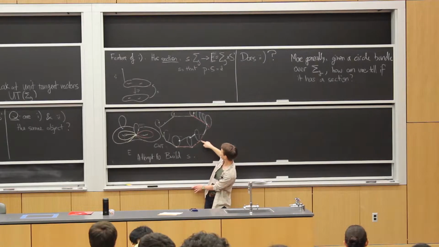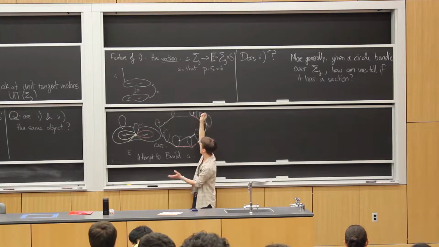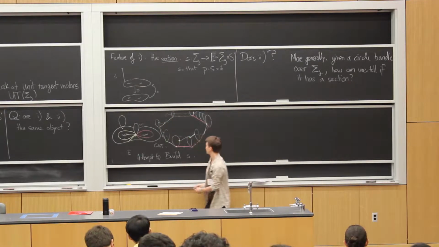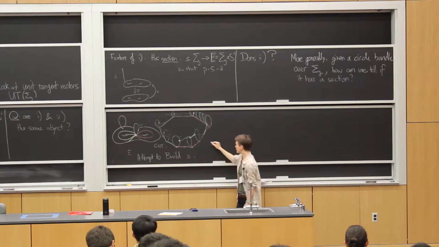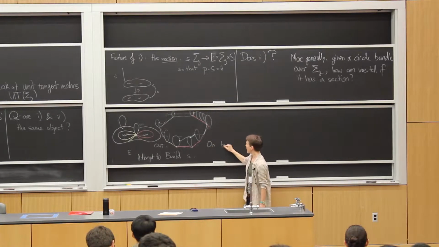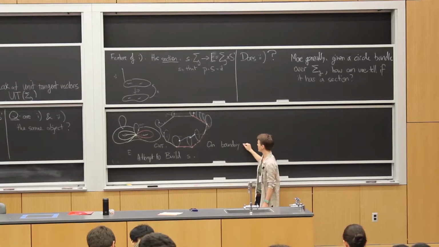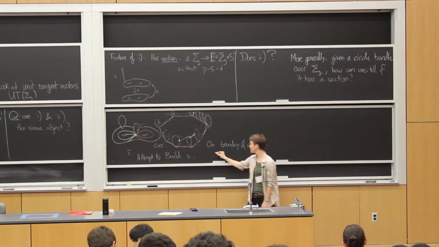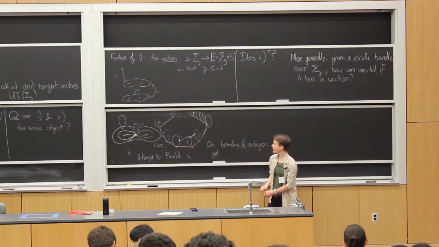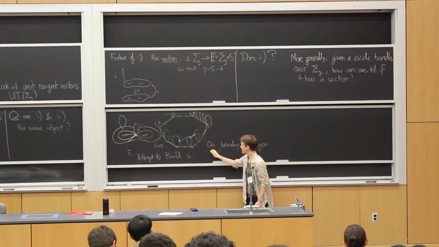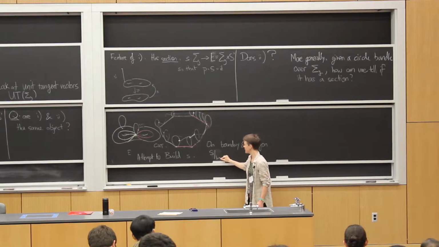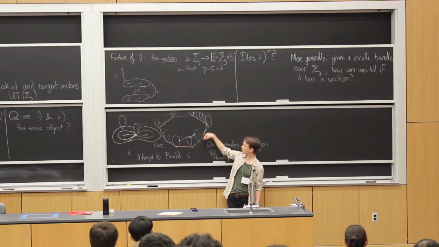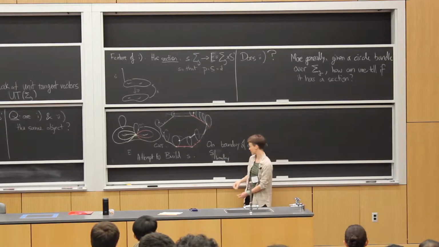your section over the entire boundary of this. Well, it'll look like something. I don't know. On the boundary of the octagon, I can think of my section S restricted to the boundary as a map from this boundary, which is topologically a circle.